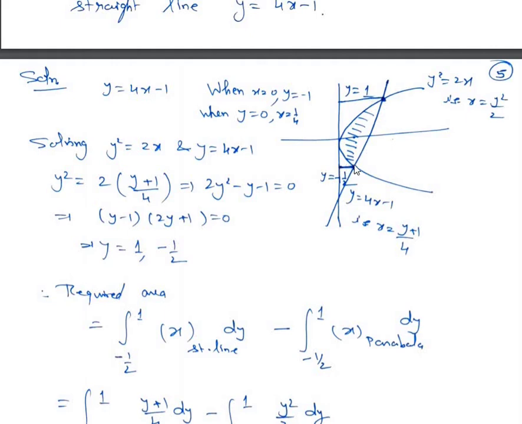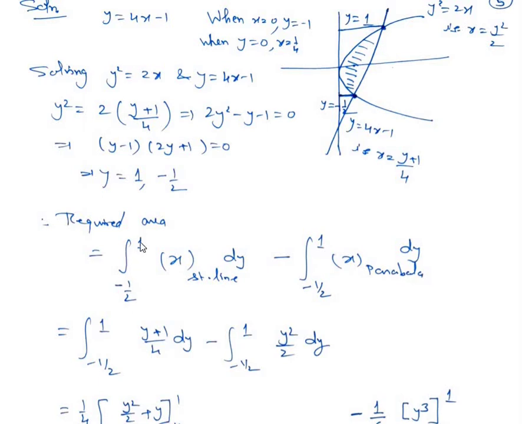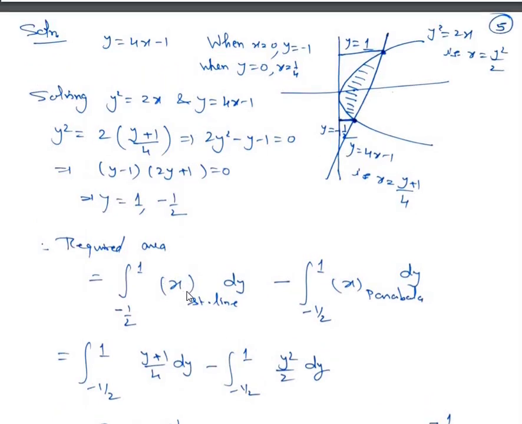So we will find out this area, and then from this area we will subtract this area between y-axis and the parabola. So required area is integral minus half to 1 of x dy, where x is of the straight line, right? So we'll get this complete area, minus integral minus half to 1 of x for parabola dy, means we subtract this area. Now what is x for the straight line?